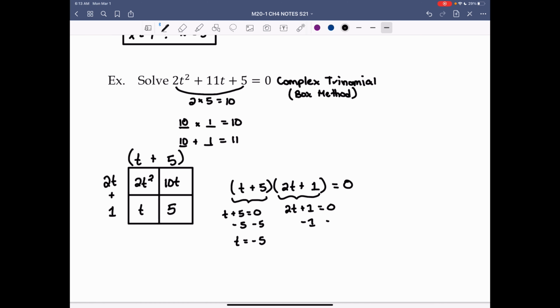Subtract 1. We get 2t equals negative 1. Divide by 2. And we get t equals negative 1/2. So t equals negative 5, or t equals negative 1/2. Those are our x-intercepts, our roots, our zeros, our solutions for this quadratic equation.